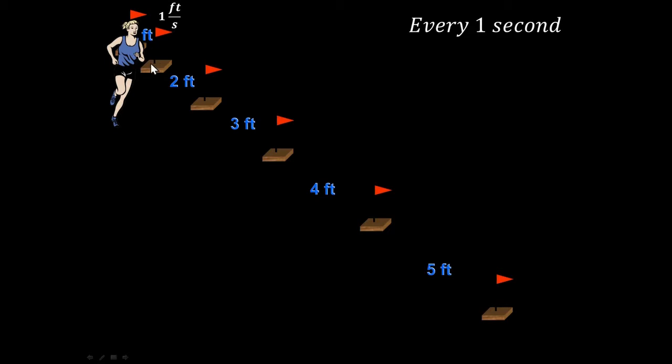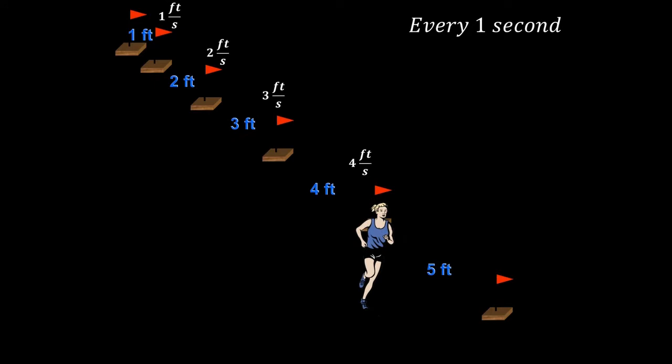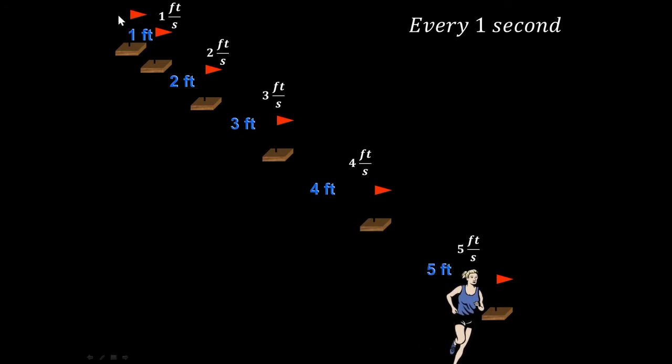And then if you go from the second flag to the third flag, this time 2 feet in 1 second, you were traveling 2 feet per second. And then 3 feet per second, 4 feet per second, 5 feet per second. As long as you are at one of these flags every second, you would have been accelerating uniformly.